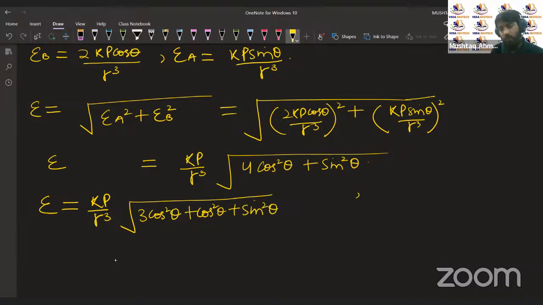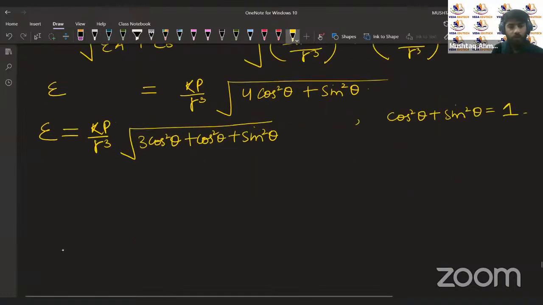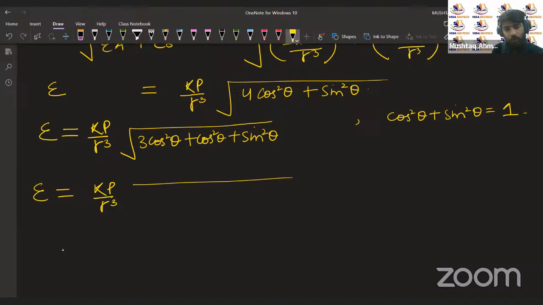We know that cos square theta plus sin square theta is equal to 1. We can substitute the value of 1 in place of sin square theta plus cos square theta. So the magnitude of the resultant electric field at point P will be Kp upon r cube under root of 3 cos square theta plus 1.